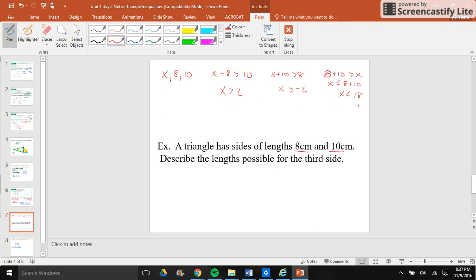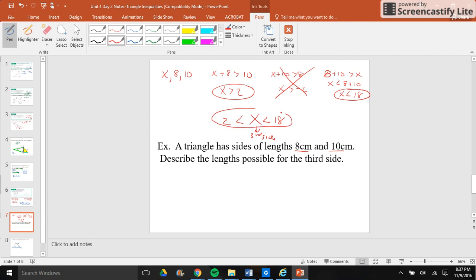Well, out of the 3 inequalities I have here, which one doesn't make sense? This middle one, because you're never going to have a side length that's negative. So if we take these 2 inequalities and write a compound, we know x, which is representing the third side, must be greater than 2, but less than 18.